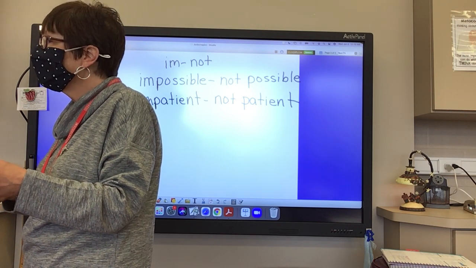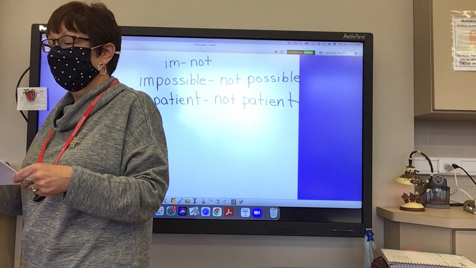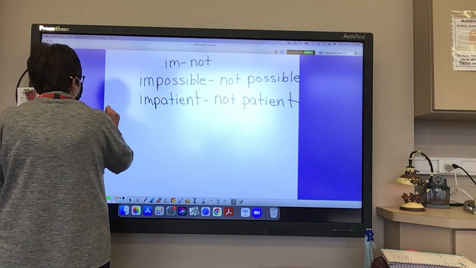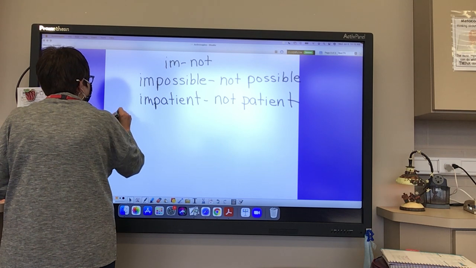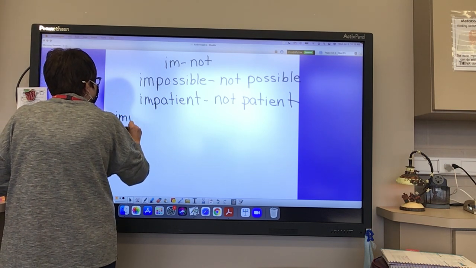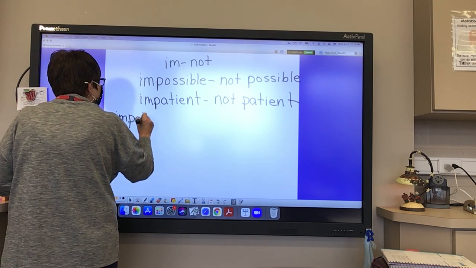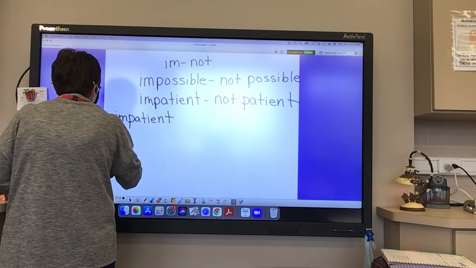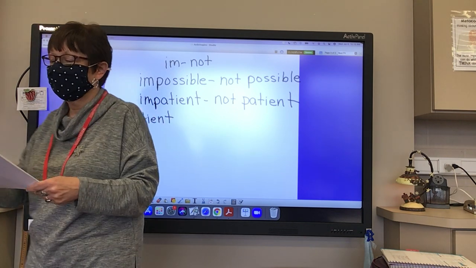Yes, and what word is going to go there, do you think? Impatient. Yes, that is going to be our first blank. Impatient. That's right, impatient. Because he's not patient, he's getting impatient. Our first blank is impatient. Very good.